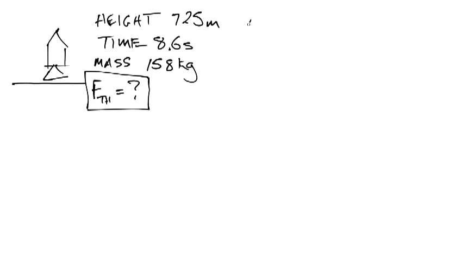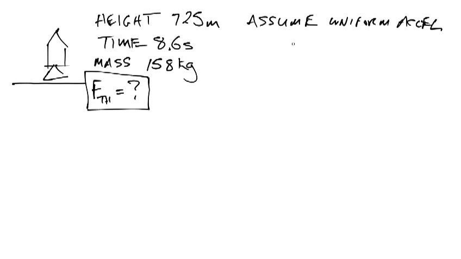Now we have to assume that the rocket has uniform acceleration. The reason I make a point of this is that in reality rockets do not have uniform acceleration, because their mass is continually changing. Most of their mass is fuel, and as they rise they lose fuel.